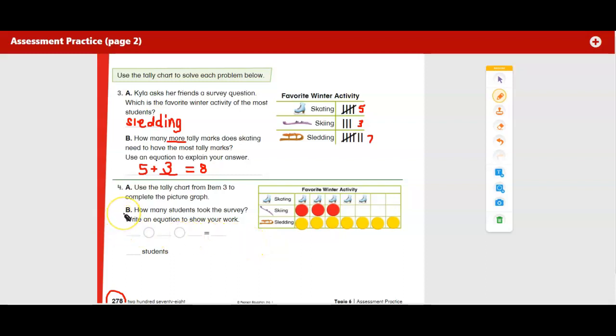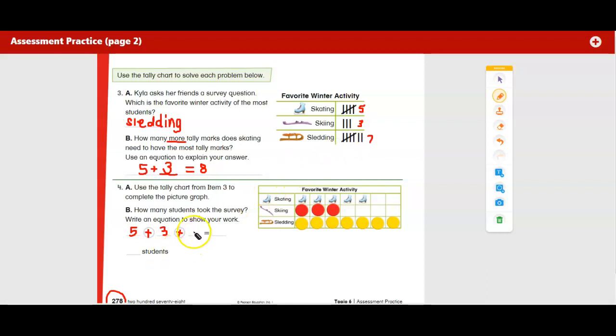For part 4B, it wants us to write how many students took the survey. We can answer this by either using the tally chart or the picture graph. 5 students voted for skating. 3 students voted for skiing.